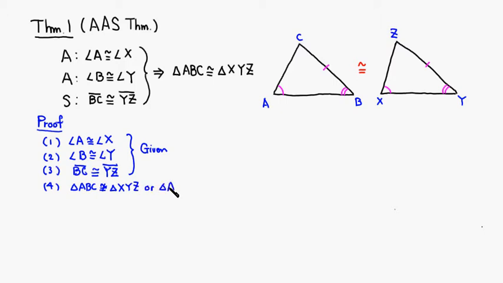So triangle ABC is congruent to triangle XYZ. This is just listing all possible cases.